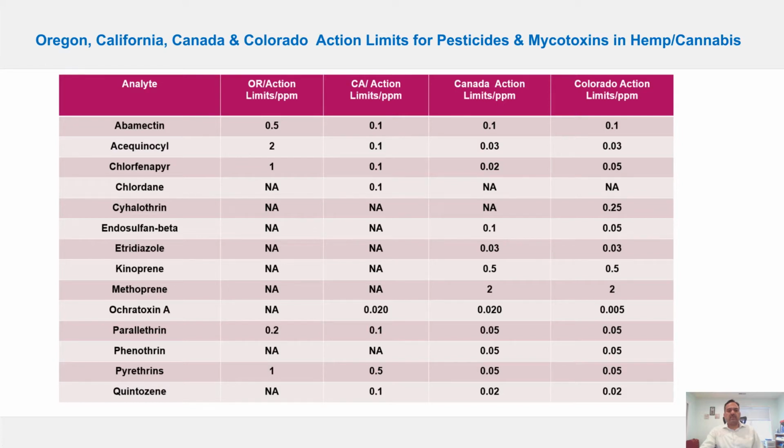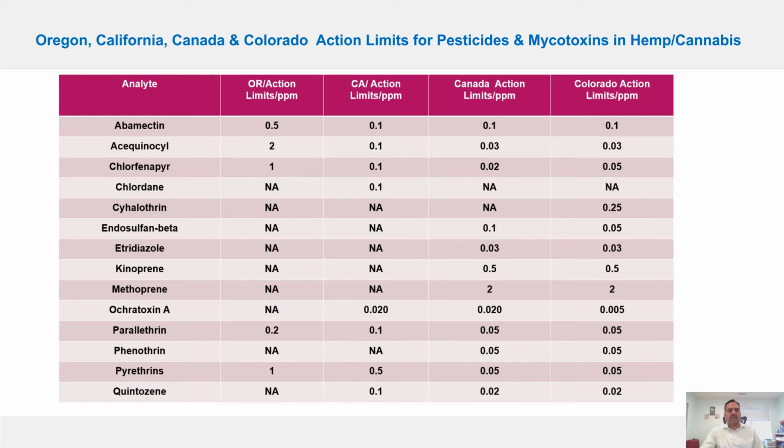So different US states and Canada regulate different numbers of pesticides for hemp matrix. For example, there are regulations for 59 pesticides in Oregon state, 66 pesticides in California, 96 pesticides in Canada, and 102 pesticides in Colorado state for hemp matrix.